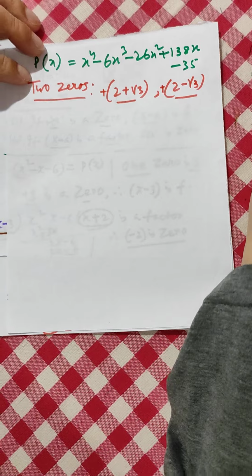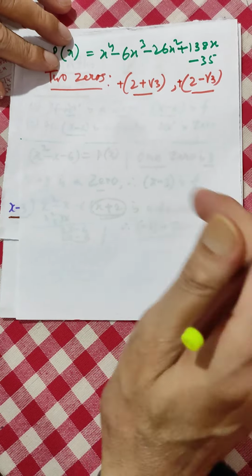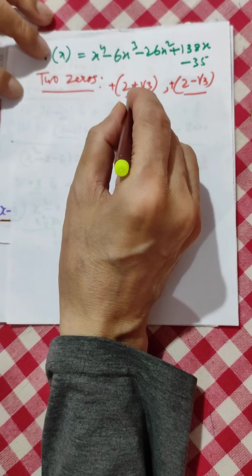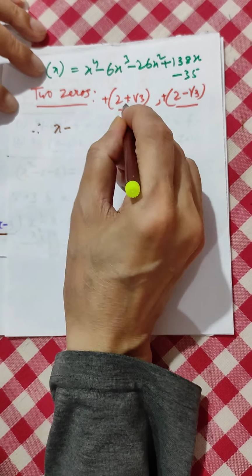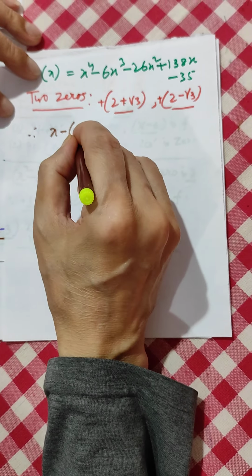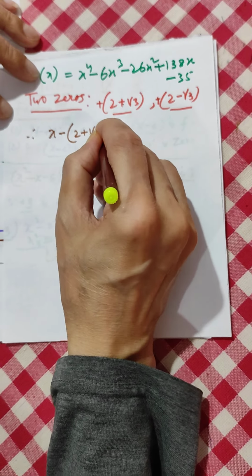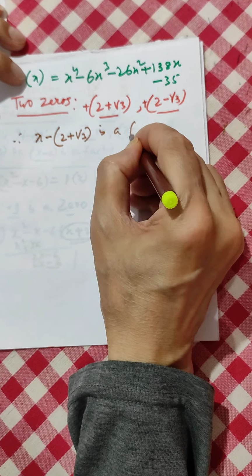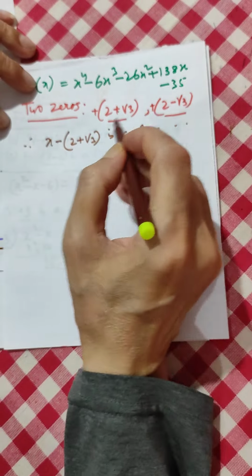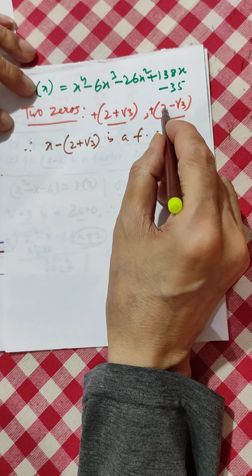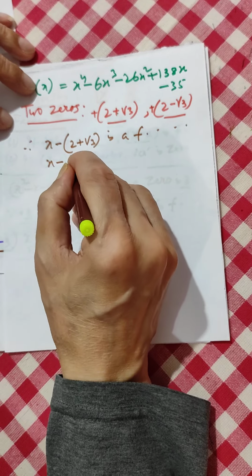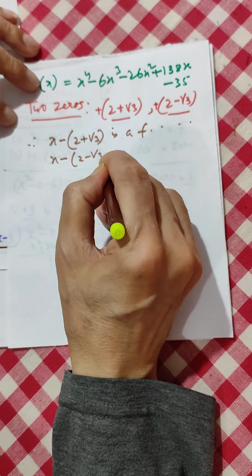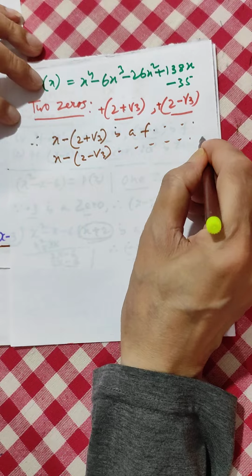Now as the method says, using the first part of the factor theorem, since this is a 0, therefore x minus this, this is plus, opposite minus, so x minus (2 plus root 3) is a factor of the given polynomial. Again, since this is a 0, therefore x minus (2 minus root 3) is a factor of the given polynomial.